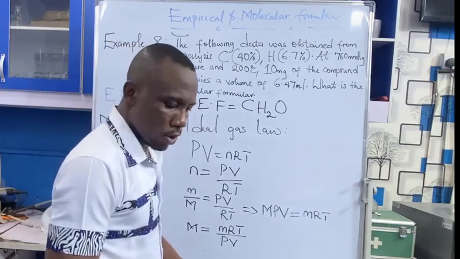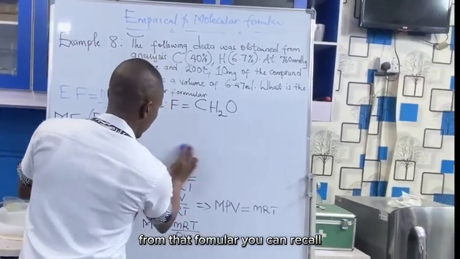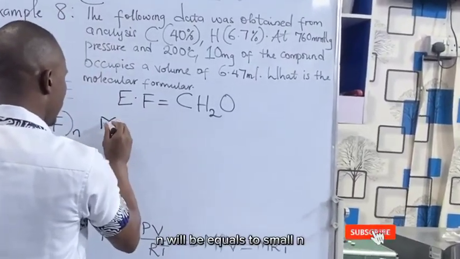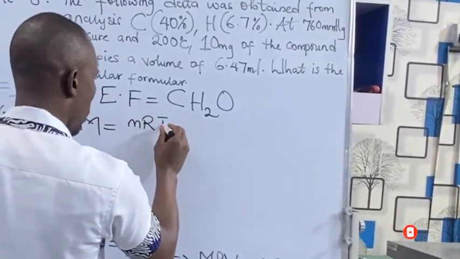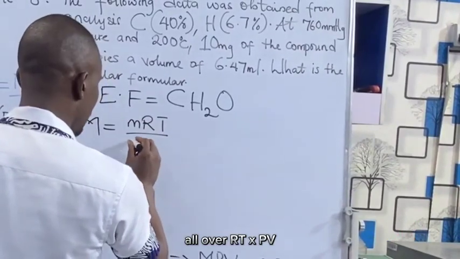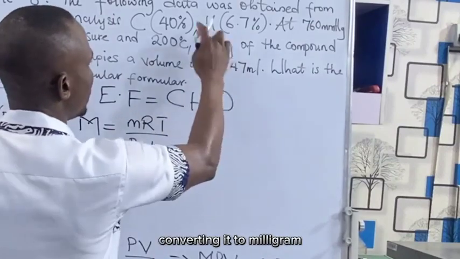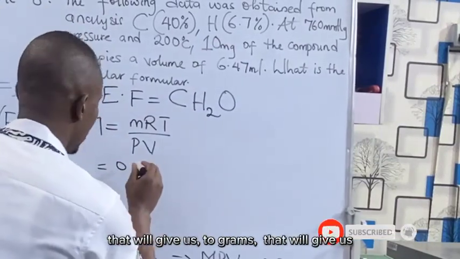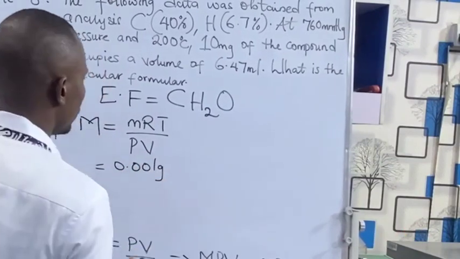Alright, so going back to that formula, you can recall that M will be equal to mRT all over PV. So doing that, we'll be having the mass there, converting it from milligram to grams. That will give us 0.01 gram.